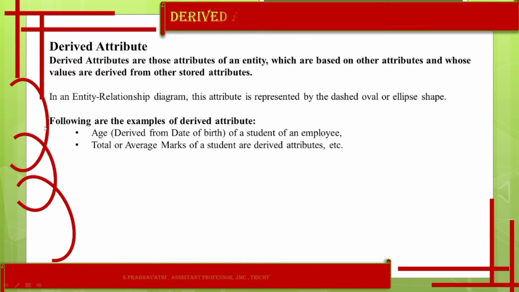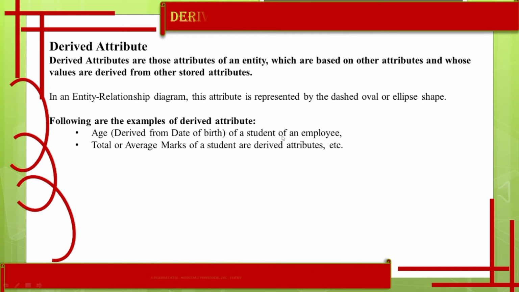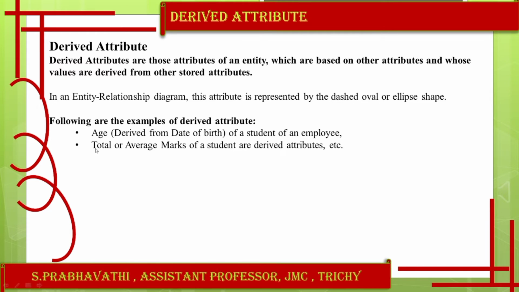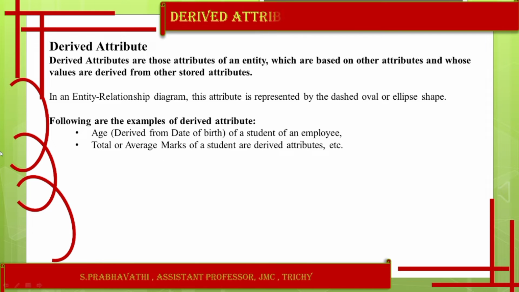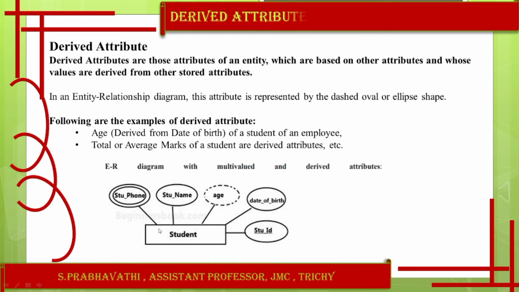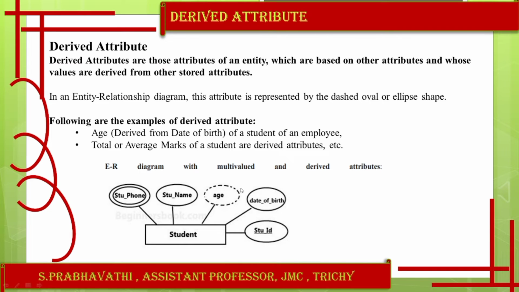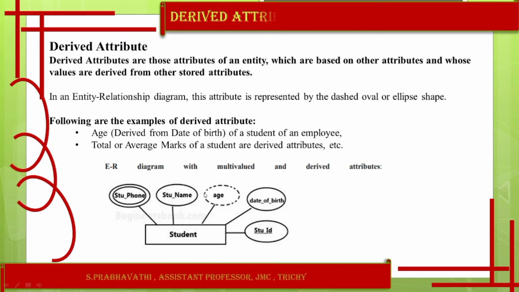The following are examples of derived attributes. Age is derived from the date of birth of the students and employees. Total and average marks of the students are derived attributes. So here age is derived from date of birth. Age is the dashed ellipse. So, derived attributes.